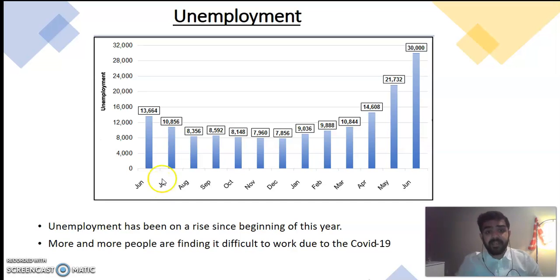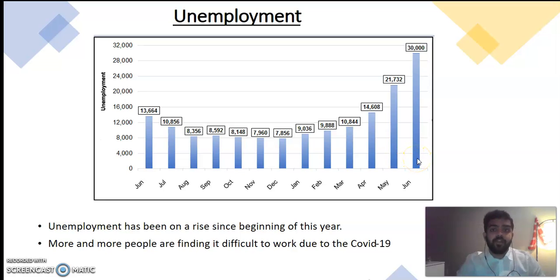As we can see here, since the small business owners now have a decrease in their sales, which calls for less employment, unemployment has increased to 30,000 levels in June 2021.